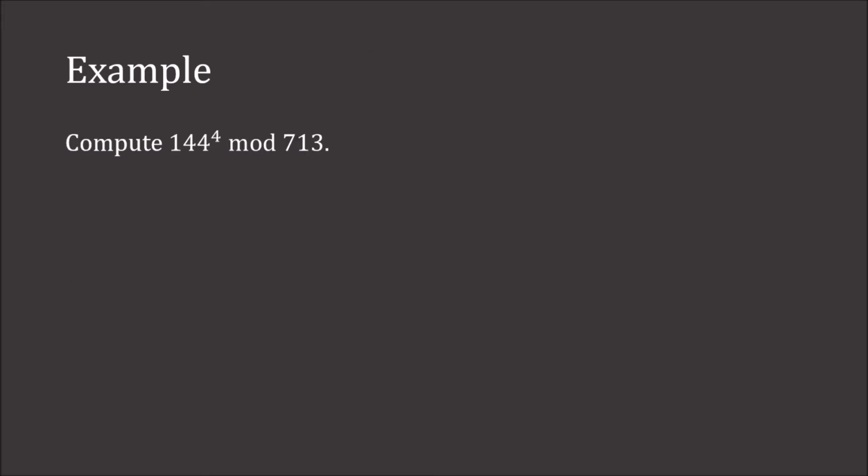Now let's compute 144 to the 4th power mod 713. So 144 to the 4th power would be congruent to 144 squared, squared. 144 squared is 20,736, so this is congruent to 20,736 squared.